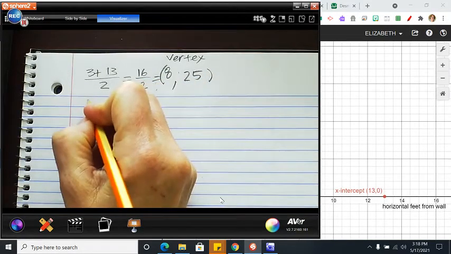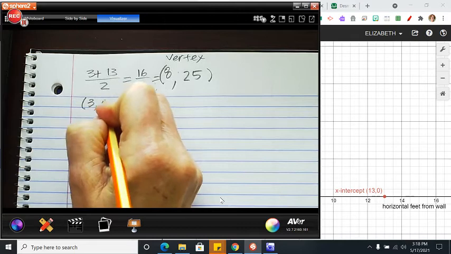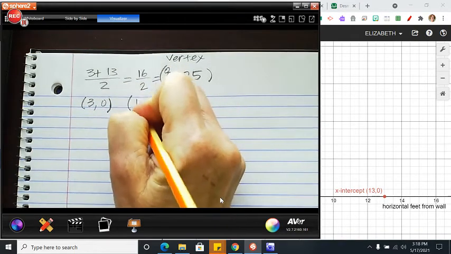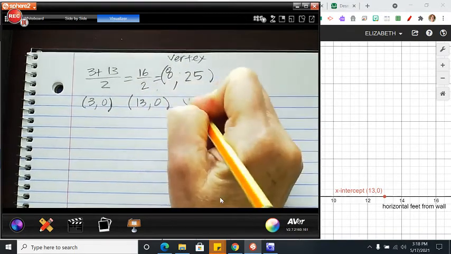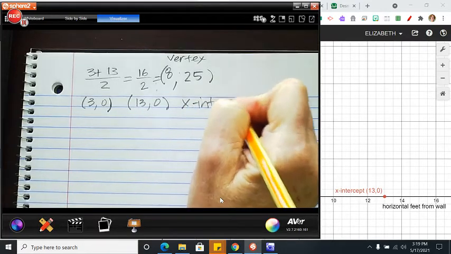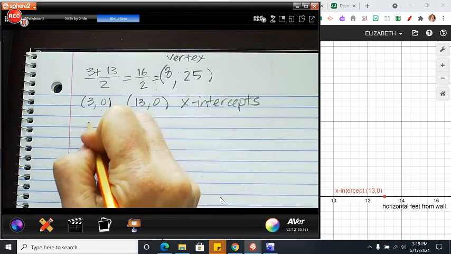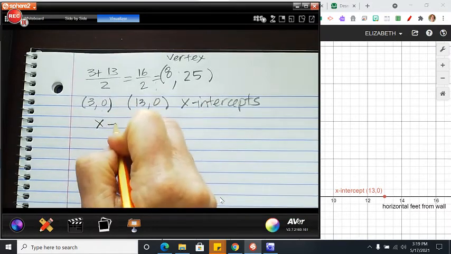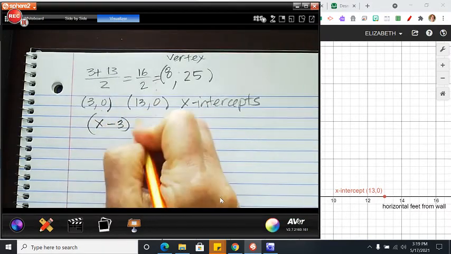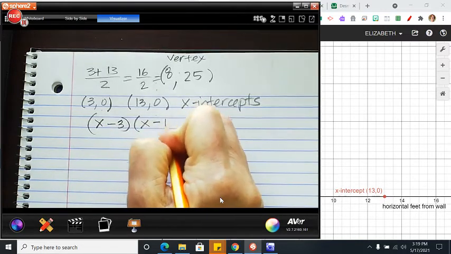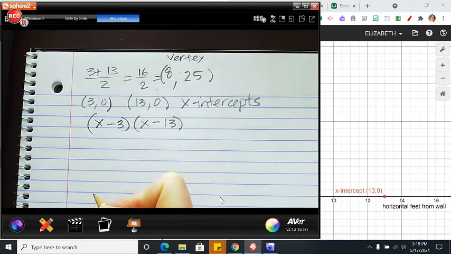If my x-intercepts are 3, 0, and 13, 0, then my factors are going to be x minus 3 and x minus 13.